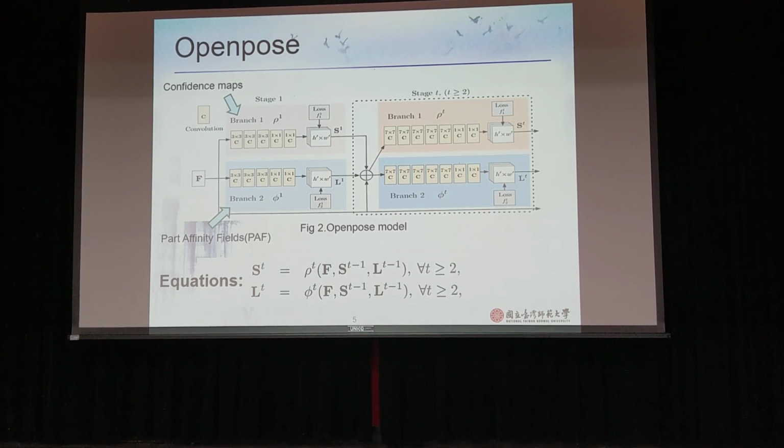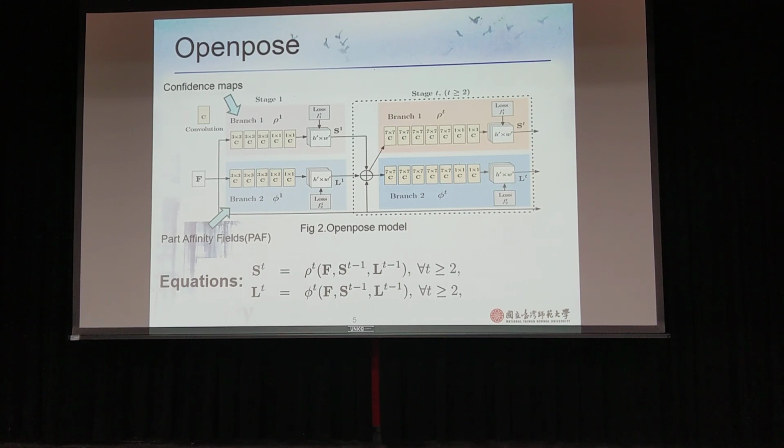Branch 2, on the other hand, focuses on each link and defines a new concept called PAF. Each link is represented by a 2D vector. If there are C links, it will generate C feature maps.